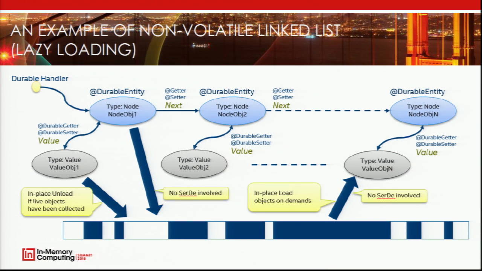So there's no serialization or de-serialization involved. It's pretty much in-place loads and stores, with get and set operations used right over here. The access handler goes down underneath and uses a durable setter and durable getter to get the value to the computation. There's no file involved here, no file system.